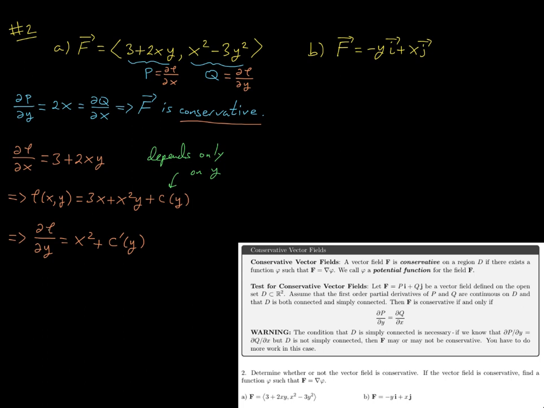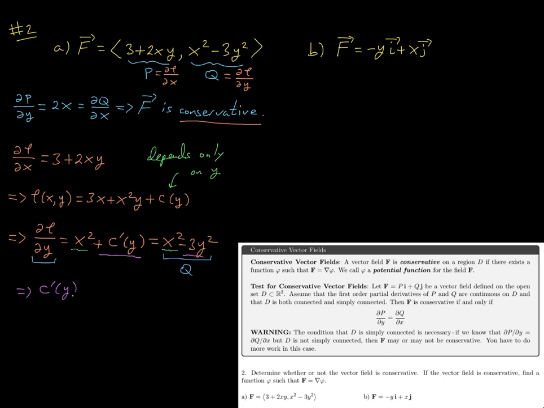But I know that partial phi partial y is equal to q, so now I can equate this with q, which is x squared minus 3y squared. I can see from this equality that I have this x squared here and this x squared here. So it must be the case that c prime of y is equal to minus 3y squared.